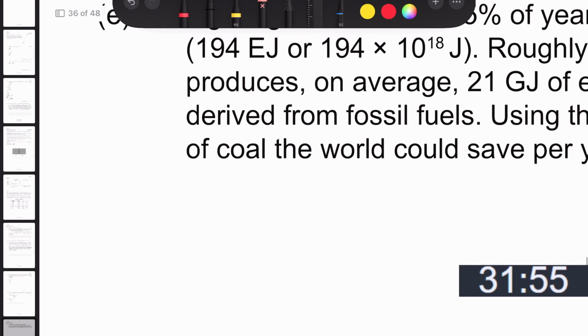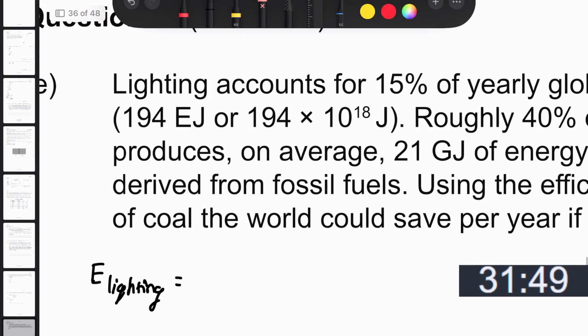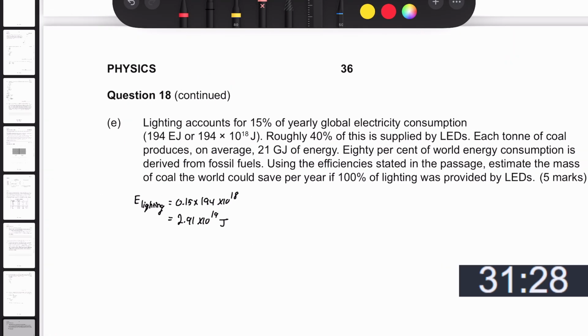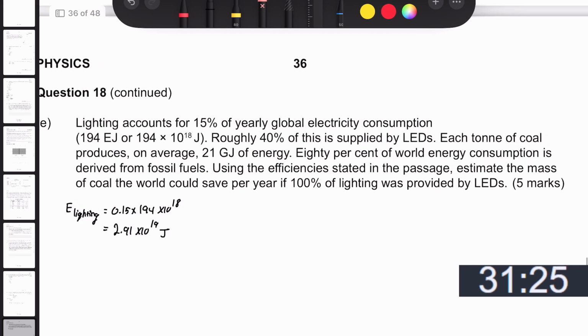So lighting energy is equal to 0.15 times 194 times 10 to the 18, which is 2.91 times 10 to the 19 joules. 80 percent of the world's energy consumption is derived from fossil fuels.